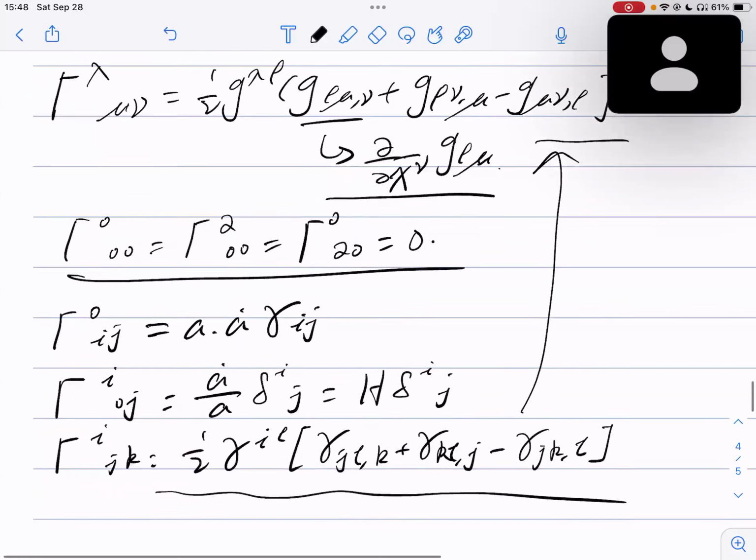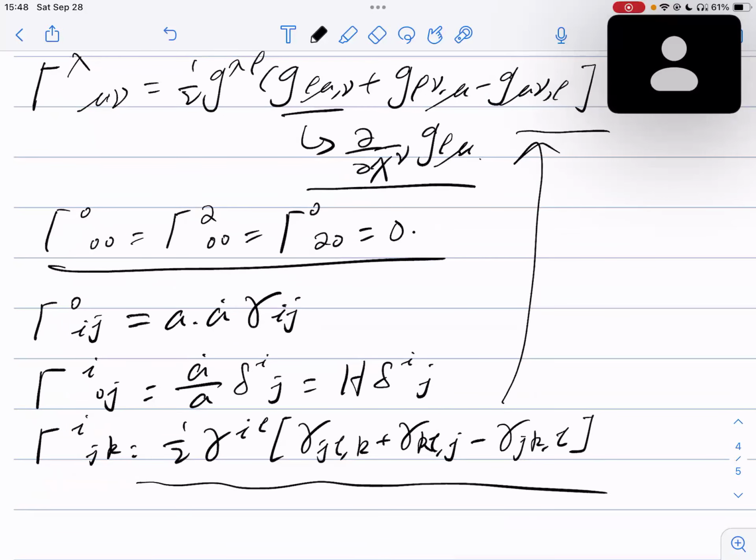So it can just be defined as the three-dimensional metric Christoffel symbol. We use this tilde to distinguish it from the general Christoffel symbol. Okay.